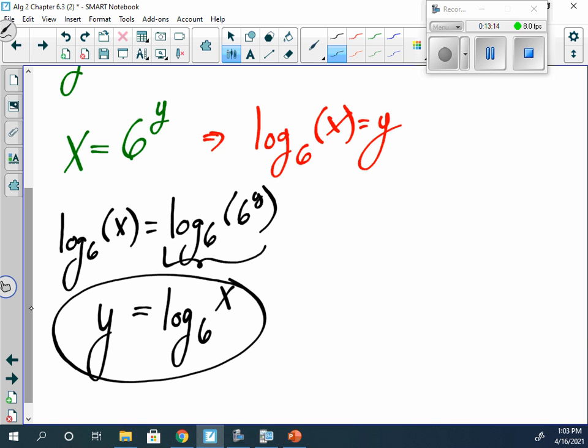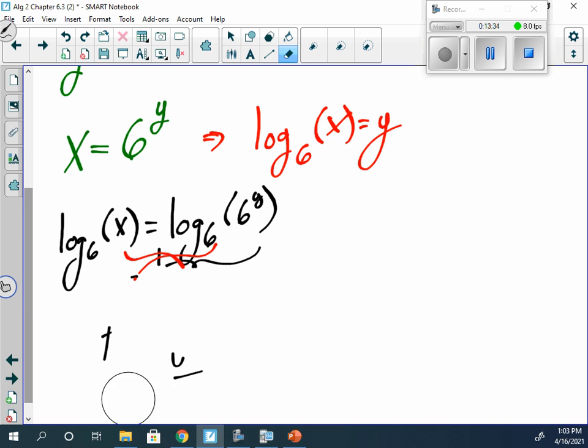So on the side where it's log base 6 of x, how does that change for y? No, I just flipped it.